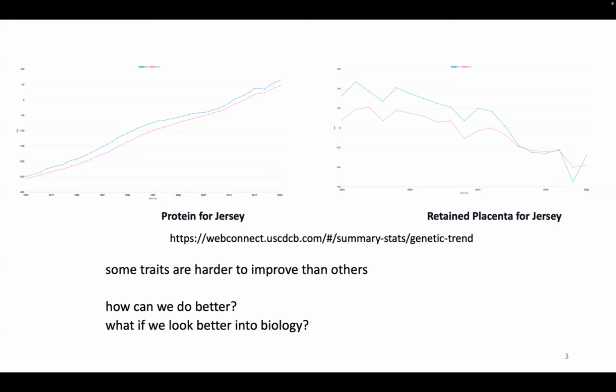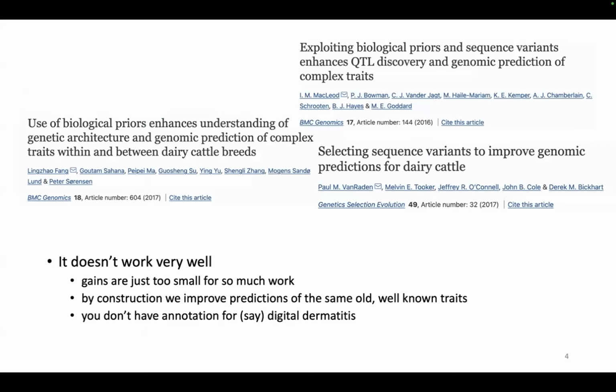It's often said that we should stop using so much the black box and understand a little bit more what we do and look better into biology. So people tried, and one of the things they tried is to use biological prior annotation, sequence. After a few years, it didn't work very well.